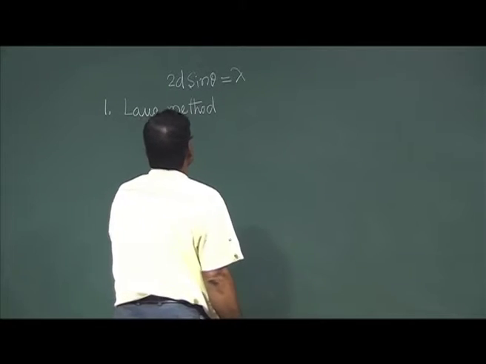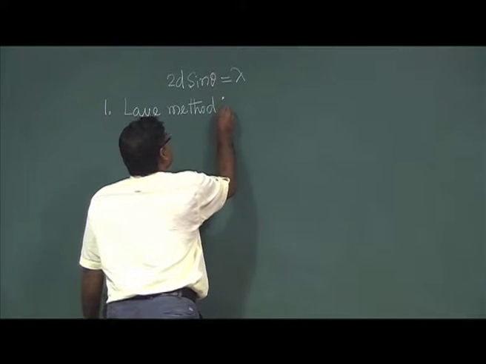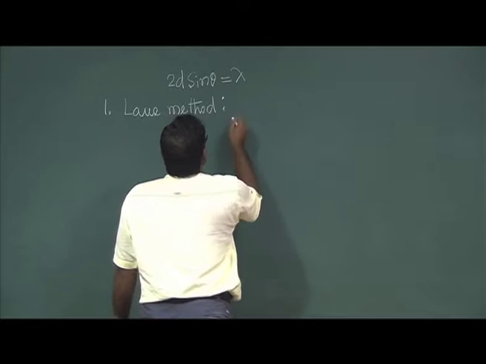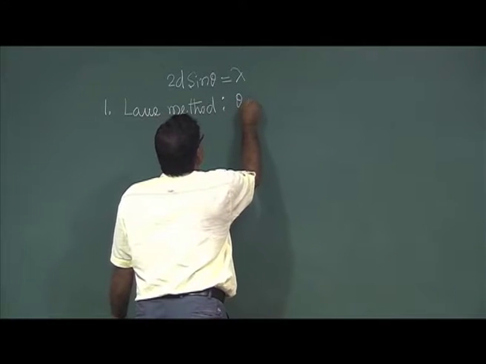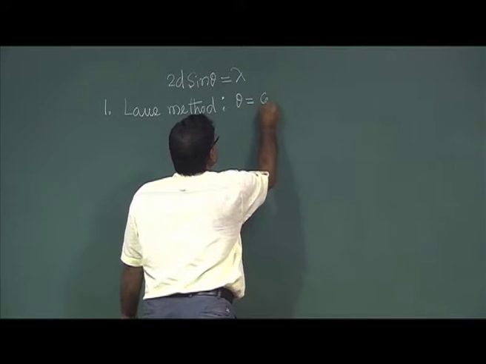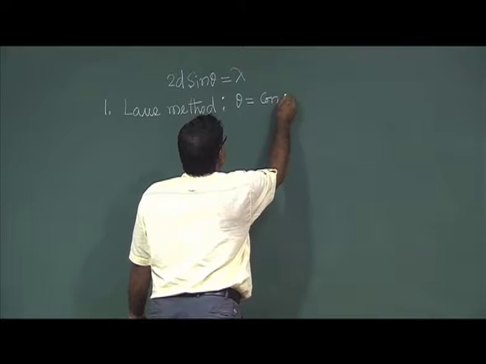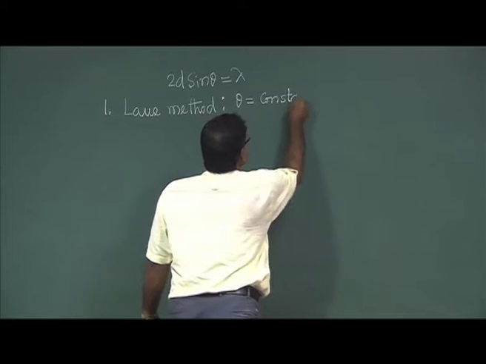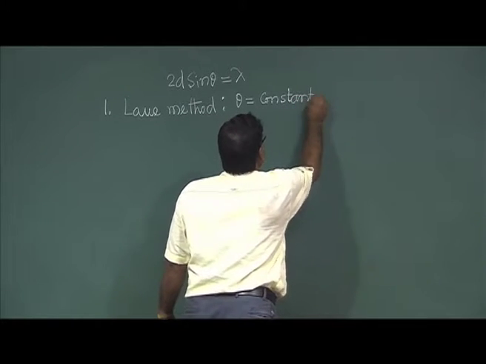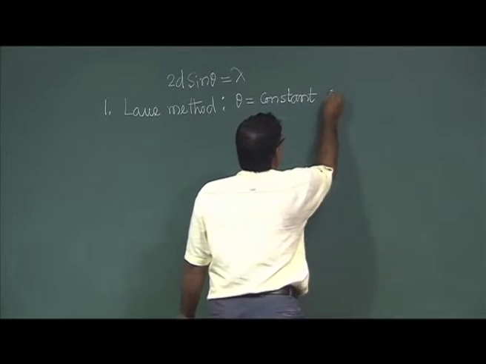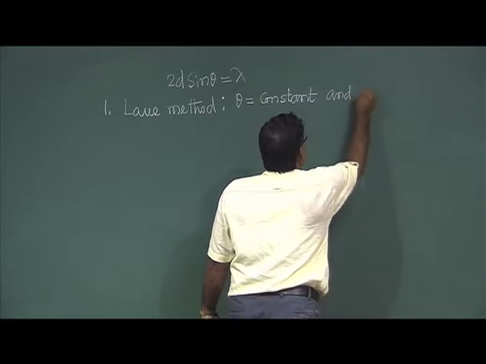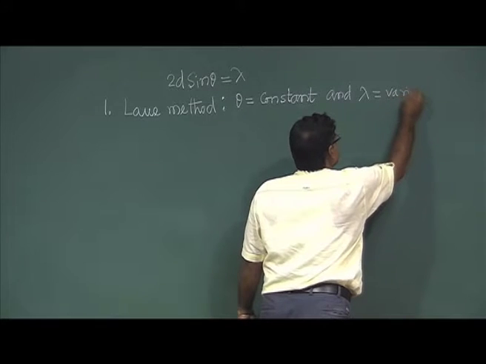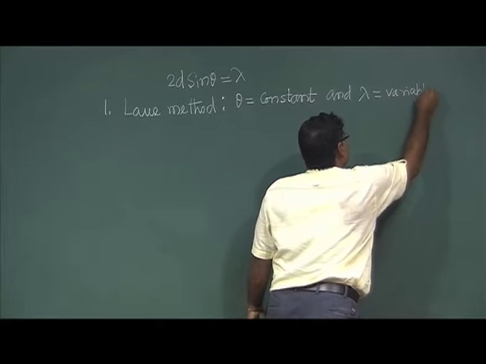In this Laue method, theta is constant, and lambda is variable.